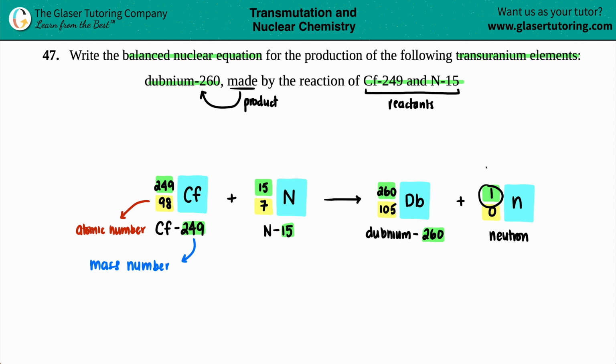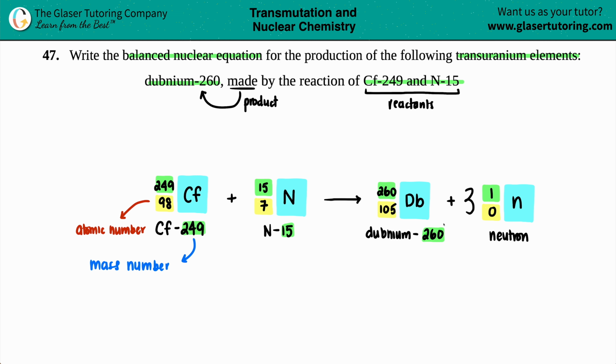But now remember, we said that we needed 4, which means that I just need multiple neutrons. If each neutron is 1, how many total neutrons would I need to get to number 4? Yeah, I would need 4 of them. And if you need multiple neutrons, that's where you're going to stick that number right in the front. That's when we start adding coefficients. So if I needed 2 neutrons, I would put a 2 in front.